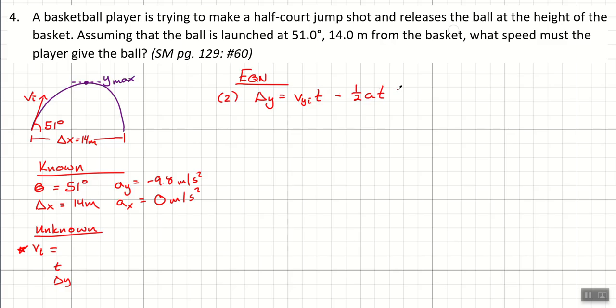Nope, sorry. I got mixed up as we were going. So Vfy squared minus Viy squared all over 2a. All right, that feels a little better. Cool, love it. Let's try it. Do we know delta y?